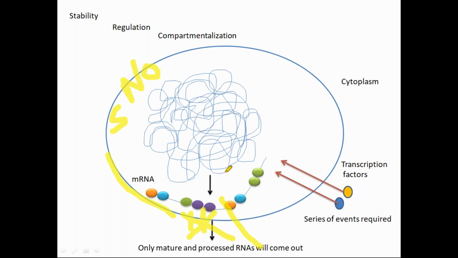Even though it is mature, what I have written here, it is mature and processed and will come out. But the thing is that it has to get a correct signal. Only then it will come out. If now the signal is coming that I don't want this, what will be the fate of this mRNA?